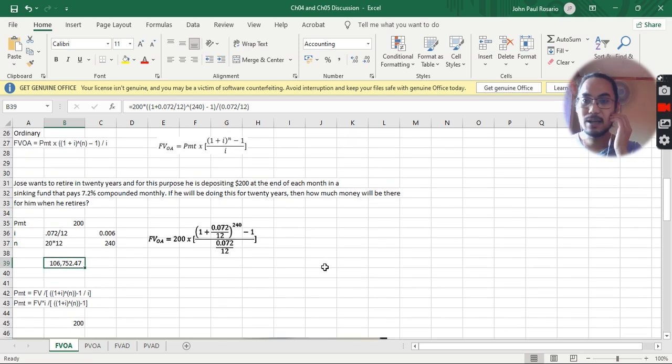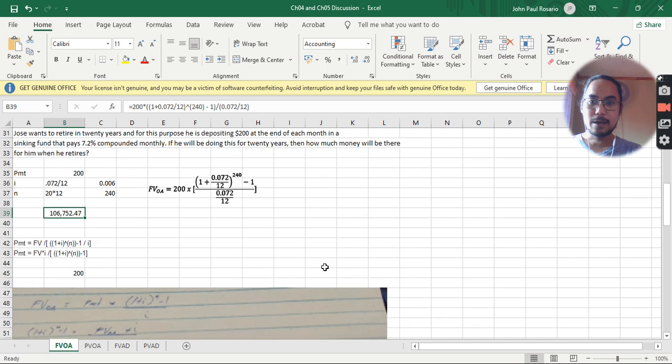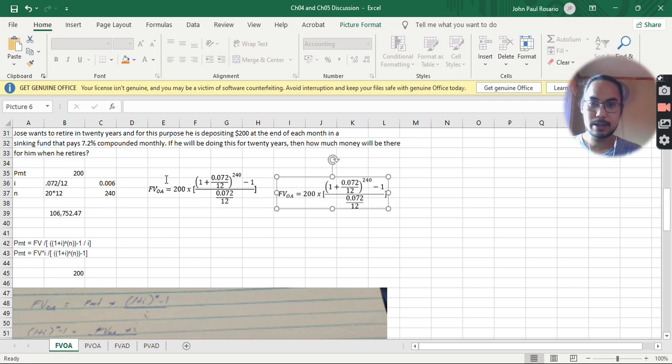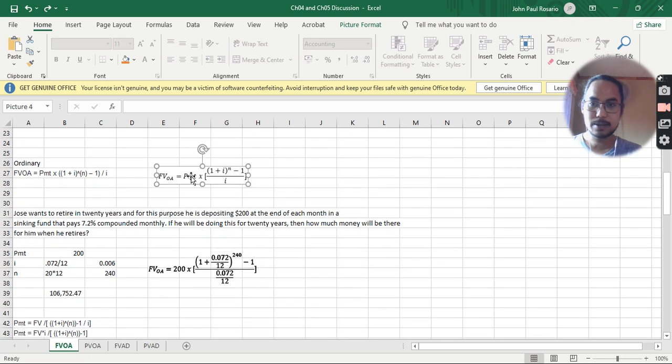Next, the question here, guys, is how do you solve a problem when the payment is the one which is unknown? For the payment, we can transform the formula by expressing it this way. Let me copy this one.